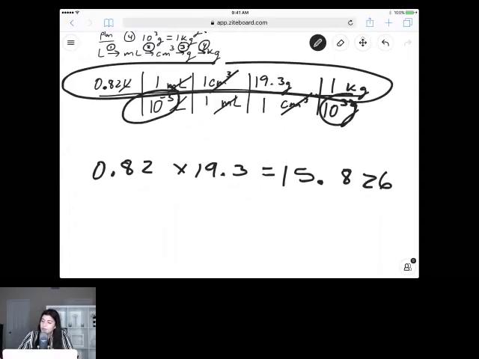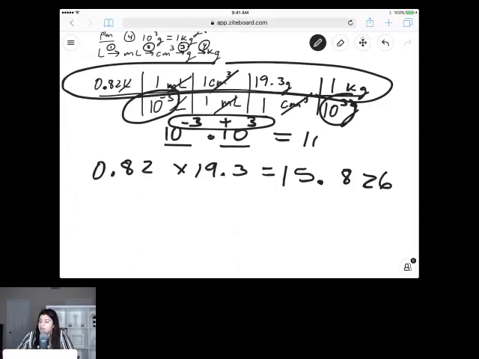All right, so I will show you a math trick again. This would have been 10 to the negative third times 10 to the positive third. A lot of times whenever we are multiplying the same bases, meaning those tens, you then can add your exponents. And that would have been 10 to the 0 power. Anything to the 0 power is just 1. Okay, so in that case, we've got our answer.